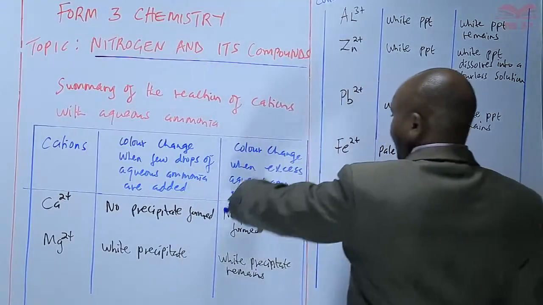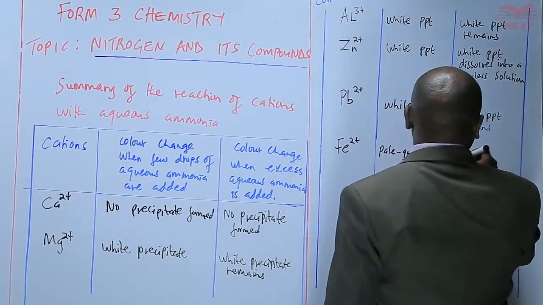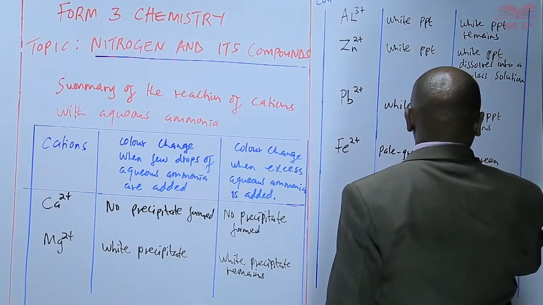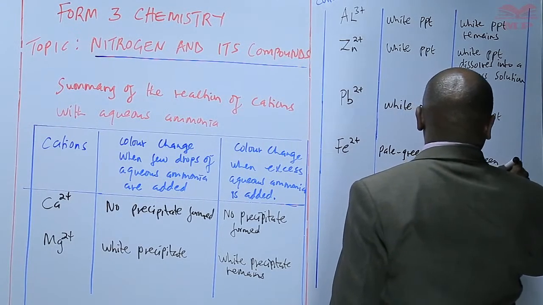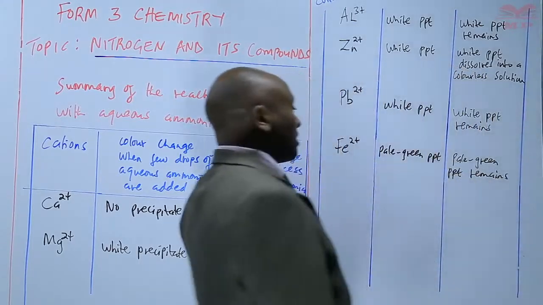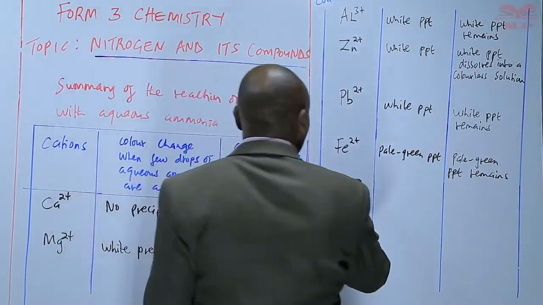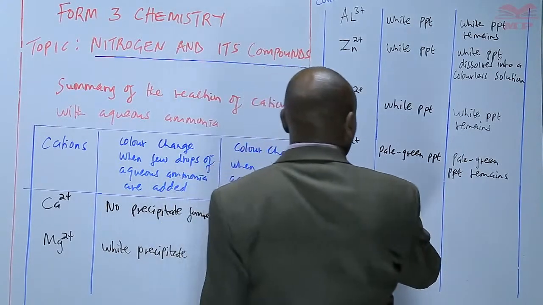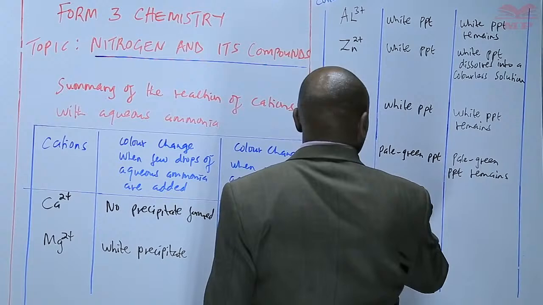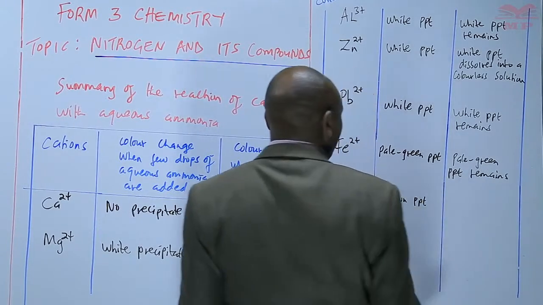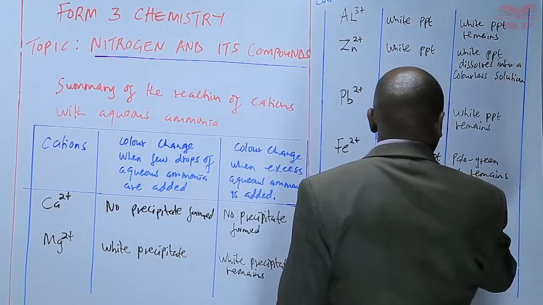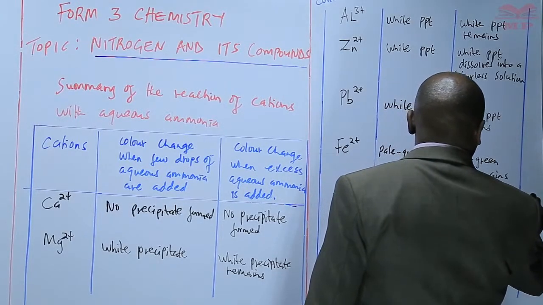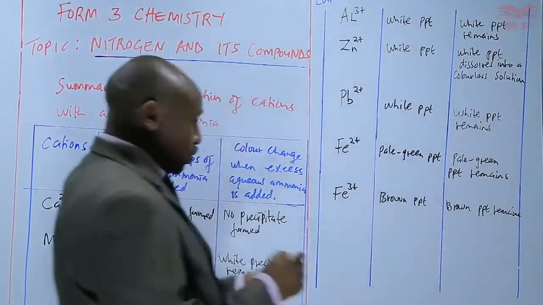And when you add excess ammonia, the pale green precipitate remains. The precipitate remains, it doesn't dissolve. Then iron 3 ions form a brown precipitate, and the brown precipitate remains. Even when you add excess ammonia, it doesn't change.